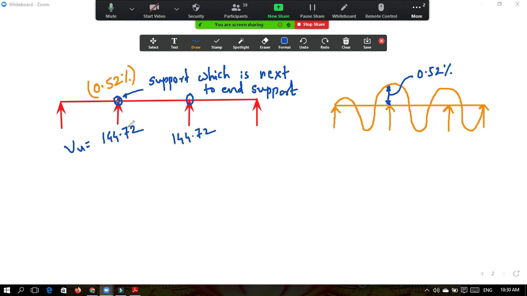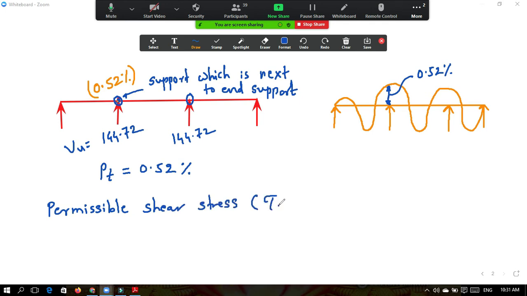So now what we need to do: we are knowing the percentage of steel now, 0.52%. From the percentage of steel we are going to find out the permissible shear stress, tau c, that we need to calculate.